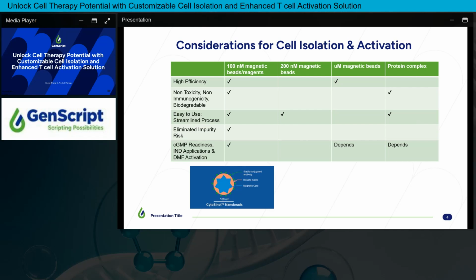Because of the tiny size of the magnetic beads, it isolates the cells with a column-based technology, and the size and iron content of the beads is fully safe to be used for downstream in vivo animal studies or future infusion into patients with the GMP grade products.